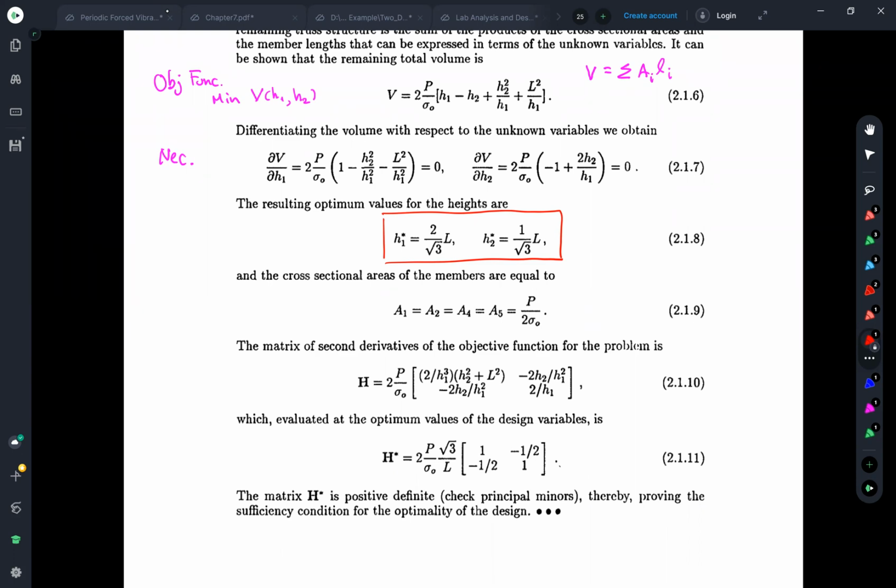The interesting thing is that members A1, A2, A4, A5 all have the same area. It means I can buy the truss with the same member. This is very, very cool.